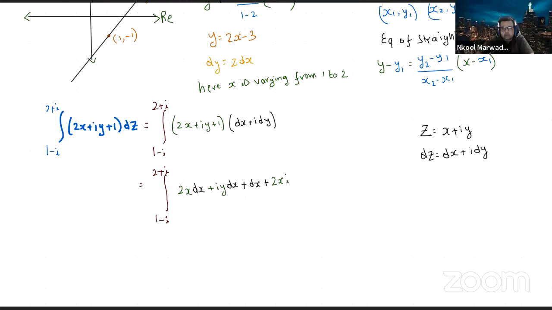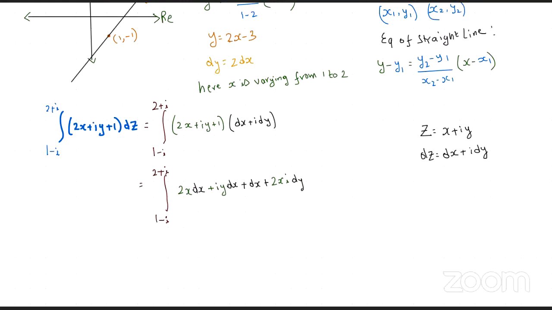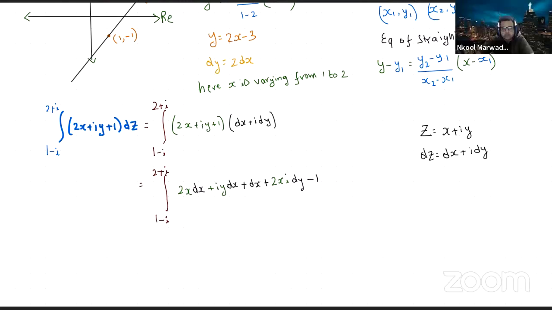Then plus i squared y dy, and i squared is minus 1, so minus y dy. And the last term is i dy.